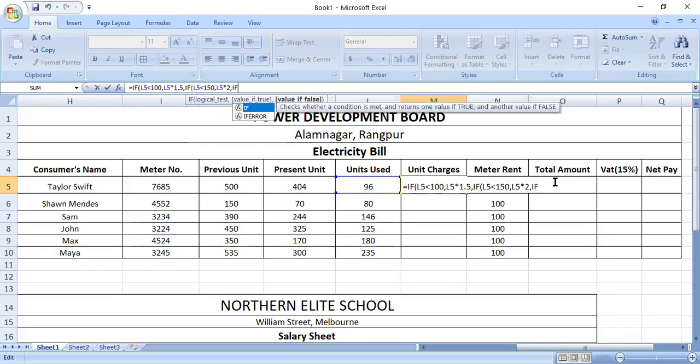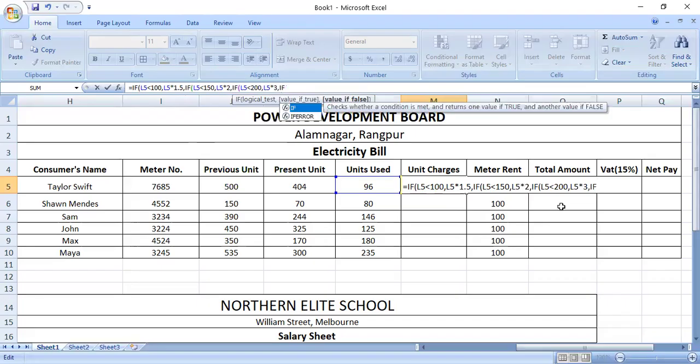If, first bracket, L5 is less than 200, comma, L5 would be multiplied by 3, suppose, and then again a comma.